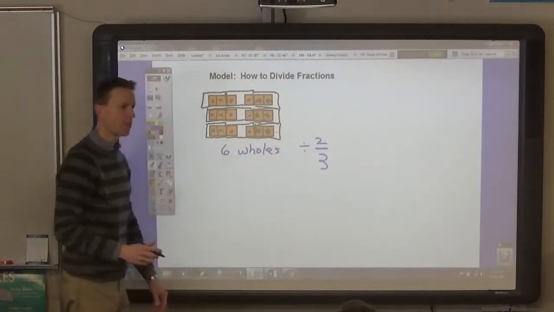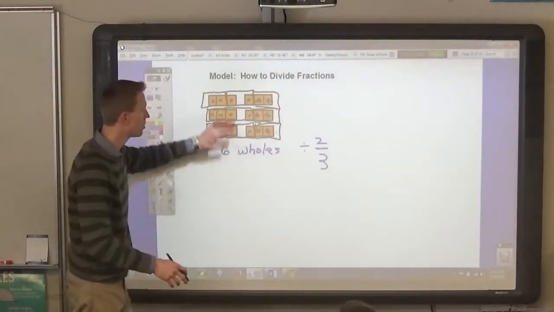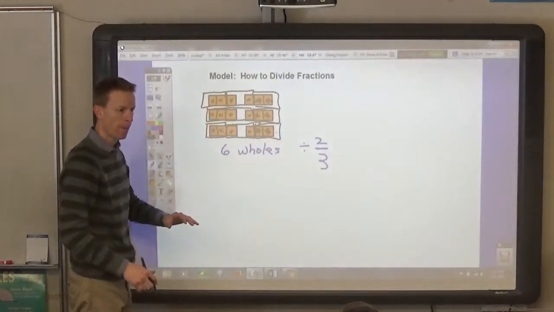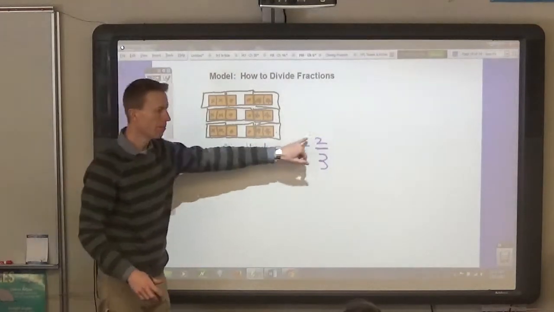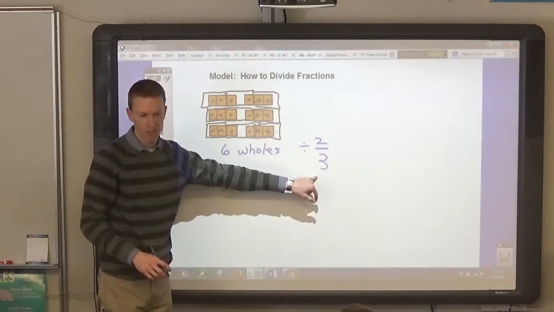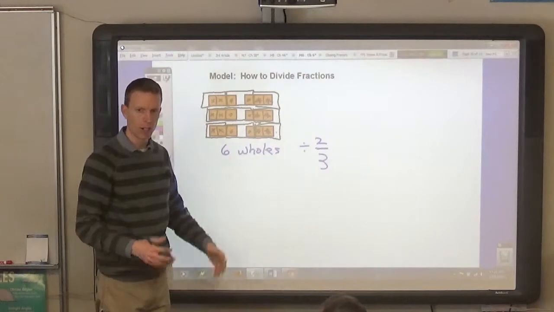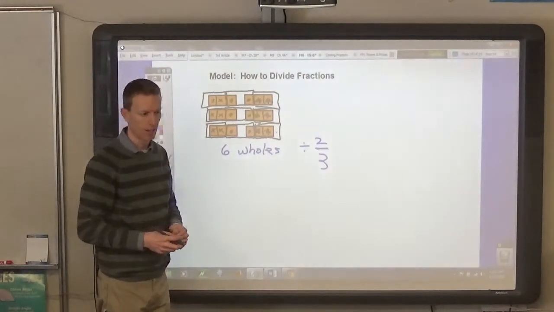That's what we're doing with division, and that's how division of fractions works. It's taking a starting amount like this, and then dividing it by, first getting the denominator, and then dividing it by the numerator, or cutting it up into that. Alright?